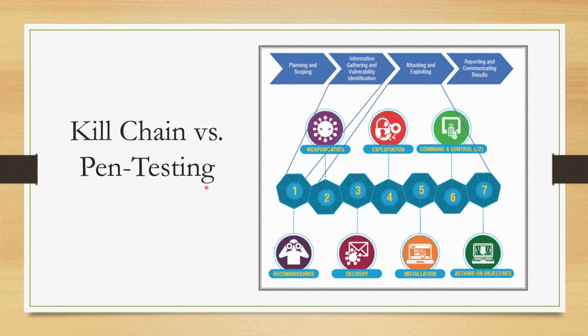Briefly, the cyber kill chain is a high level framework for understanding the stages of a cyber attack, while pen testing is a more focused approach to identify vulnerabilities and weaknesses in the organization's systems and applications.